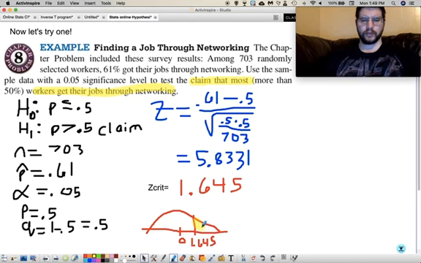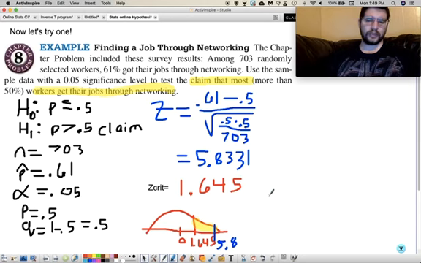So this is my critical region here. And let's see where that test statistic lies. 5.8, is that to the left of 1.6 or to the right? It's to the right. So here is my test statistic, 5.8. And yeah, I'd say that's in the rejection region, definitely.